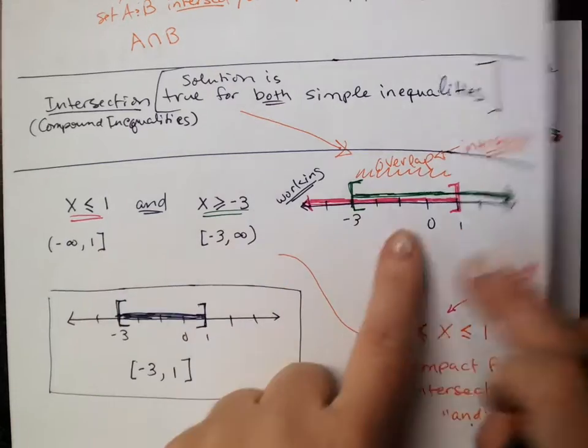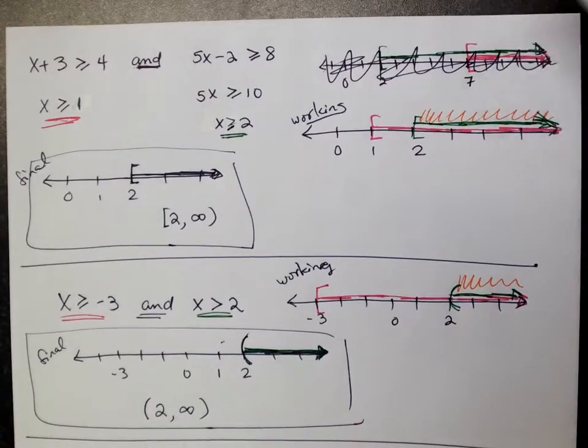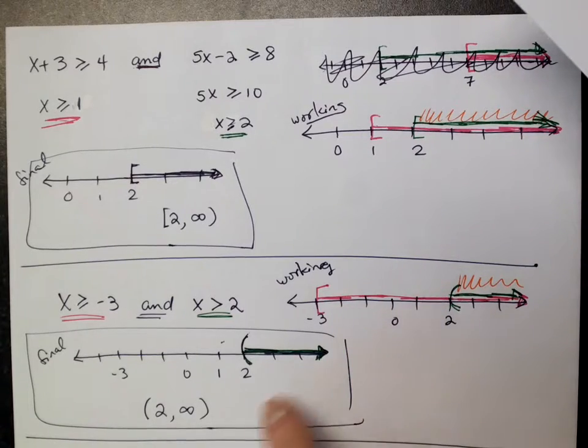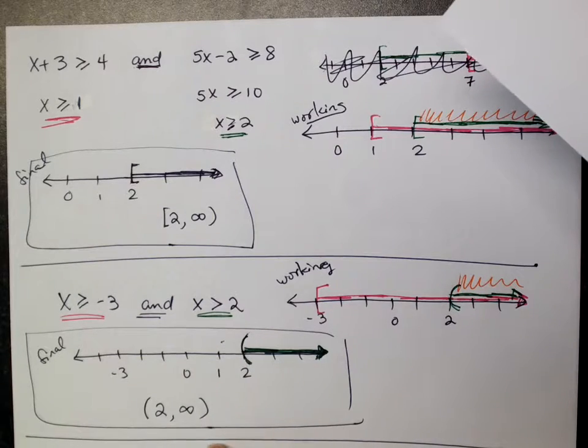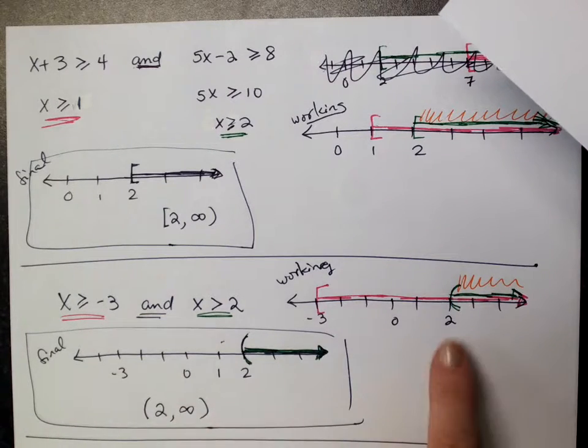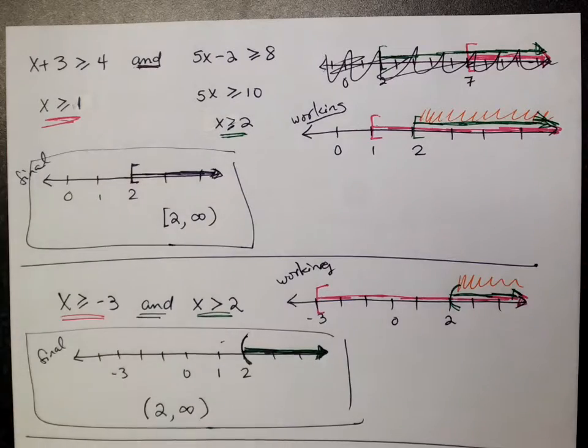And that's because they were going in opposite directions. But here, they ended up going in both directions, and so your final solution is going to involve infinity. They're both going off to either infinity or negative infinity, as is the case sometimes. And you just have to know where they start. So you will have infinity or negative infinity in your answer.